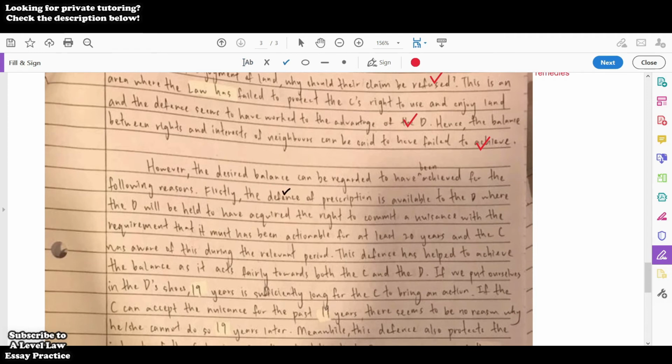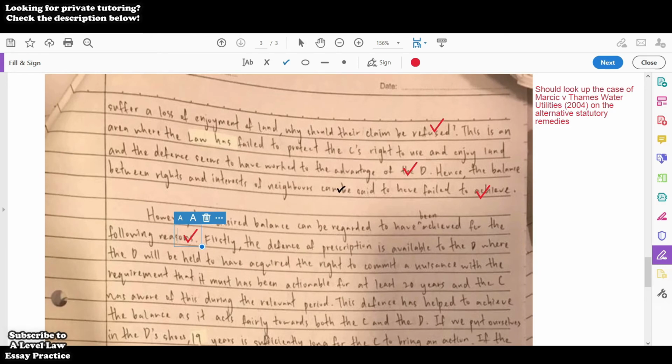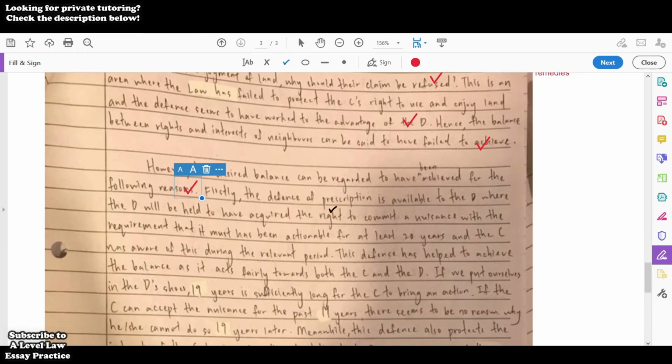However, the desired balance can be regarded to have been achieved for the following reasons. Firstly, it is good that you discuss both kinds of defenses, which work differently. Next one.